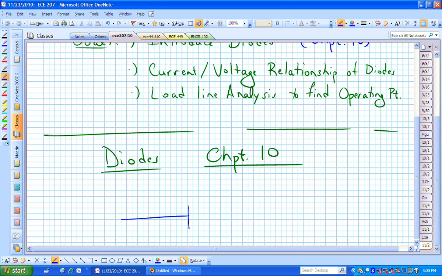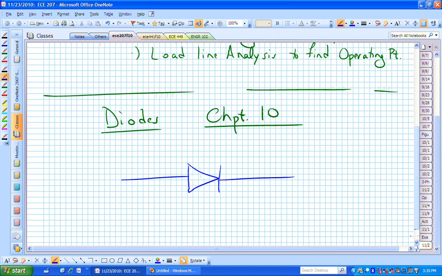A diode is like some of the other elements that we've looked at. It's a 2-terminal device. It's a little different than an op-amp, which had all sorts of different connections or pins to it. This just has 2 pins.